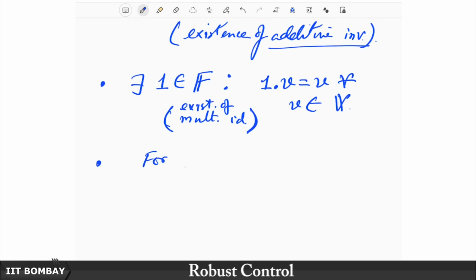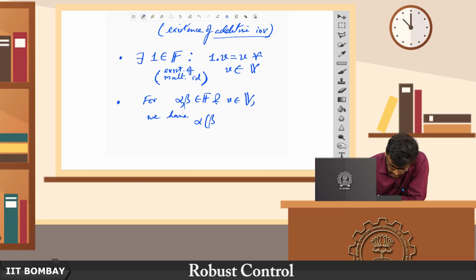for alpha, beta belonging to this field, again this field will always be either complex numbers or real numbers, and v belonging to the vector space V, we have alpha times beta v is equal to alpha beta times v.